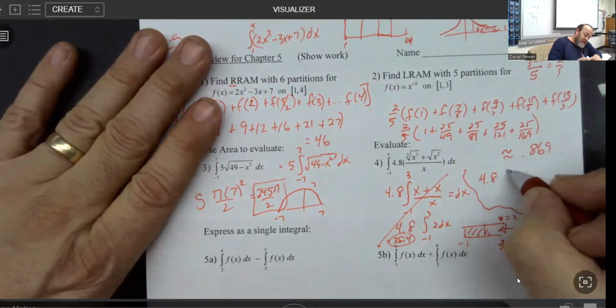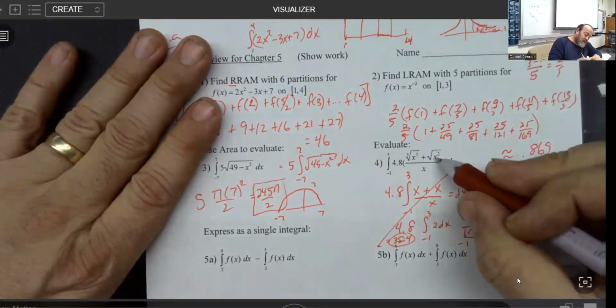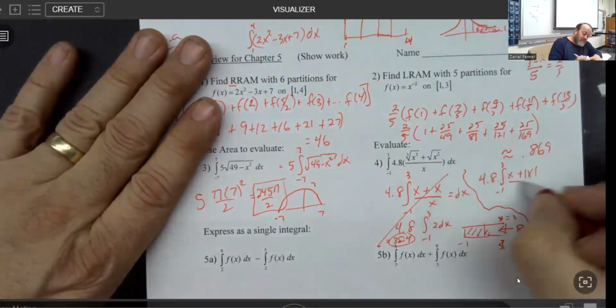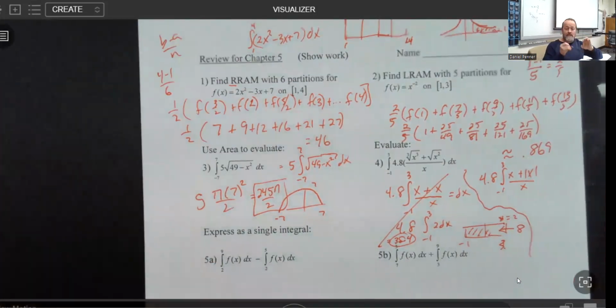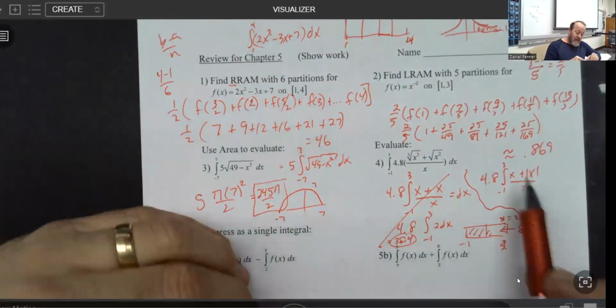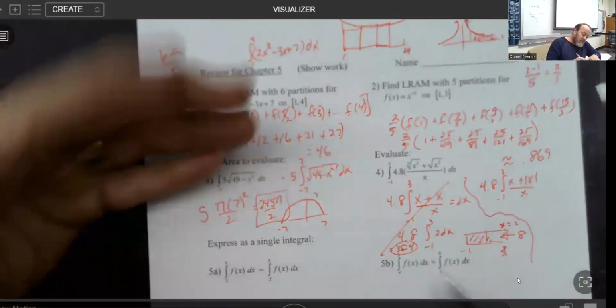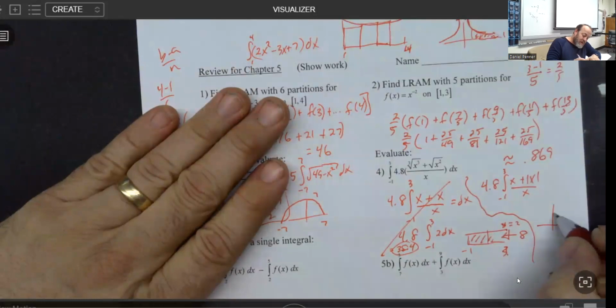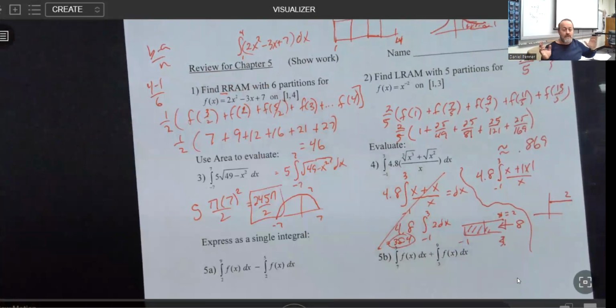Your 4.8 integrals from -1 to 3 of the cube root of x, which is x, plus the square root of x squared, which is actually the absolute value of x, over x. Now, here's the problem. If x is a positive number, then x plus x is 2x, just like what we said over here. And so the little picture that I had where y equals 2 for those positive numbers is absolutely 100% true.